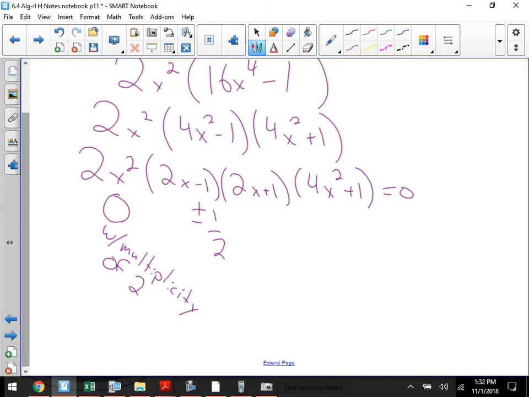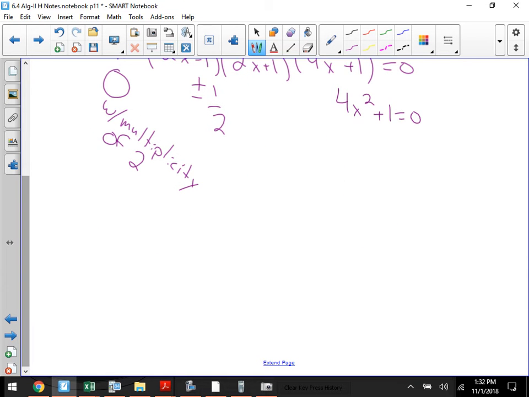Now, what do you do for the zero at 4x squared plus 1? What do you have to do? Set it equal to 0. Subtract 1, divided by 4. You okay with that? And then what? Square root.